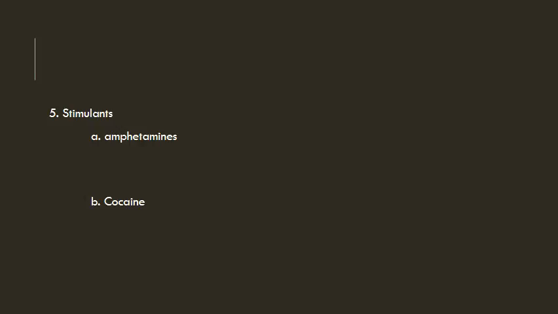As we go on, I'm not requiring as much, but just kind of mentioning some of these drugs and having you kind of be aware of them. Cocaine also is a CNS stimulant, can be physically and psychologically addicting.